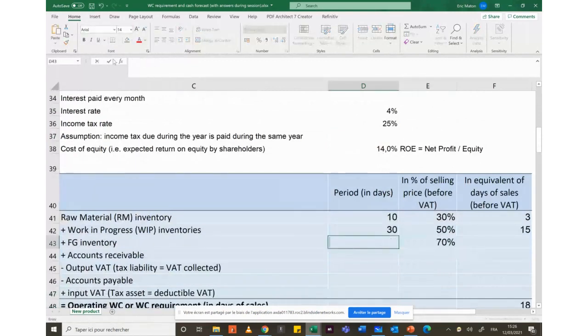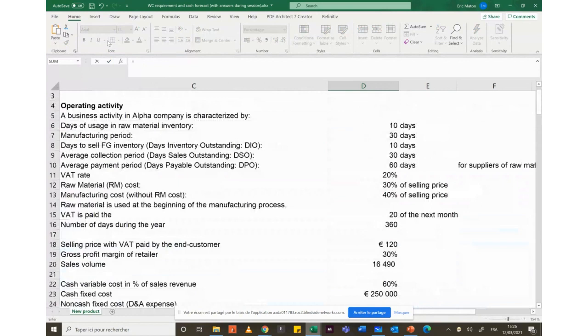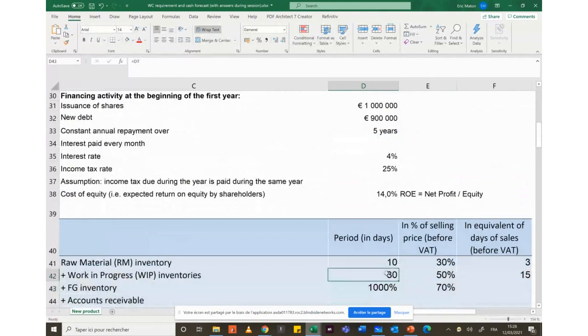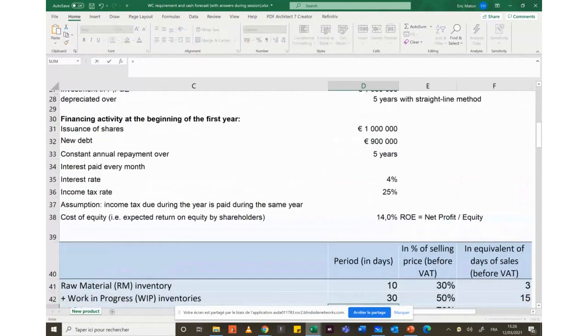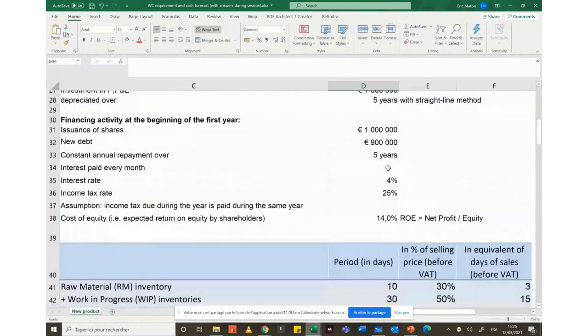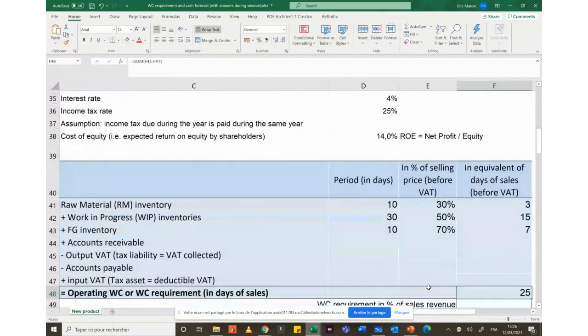In the finished good inventory, we keep it during 10 days before selling it. So we multiply again the 10 days we keep it by the value in function of the selling price. So 7.